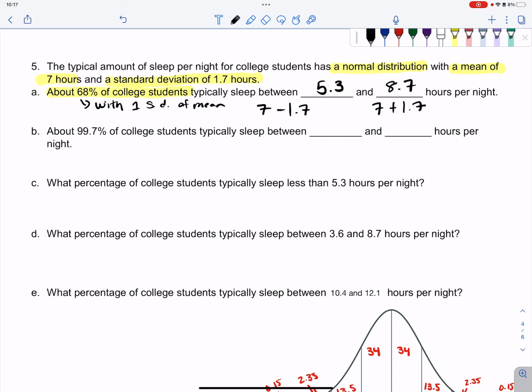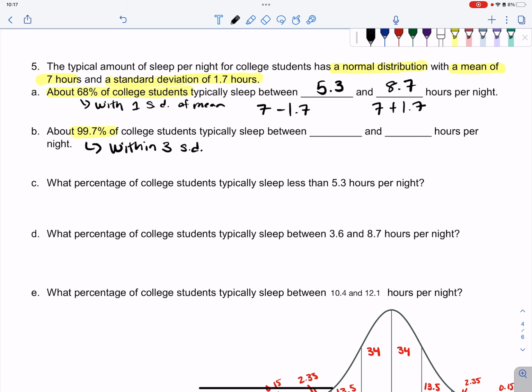The next one, we have about 99.7% of college students typically sleep between what and what hours per night. And now this one, the 99.7, is our empirical rule, meaning within 3 standard deviations. Which means we need to take our mean of 7 and add our standard deviation of 1.7 to it 3 times.